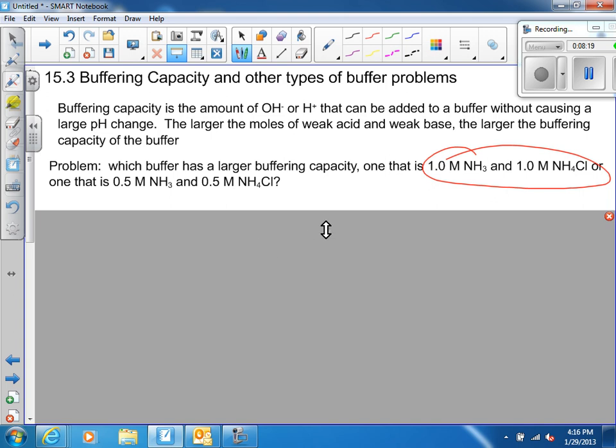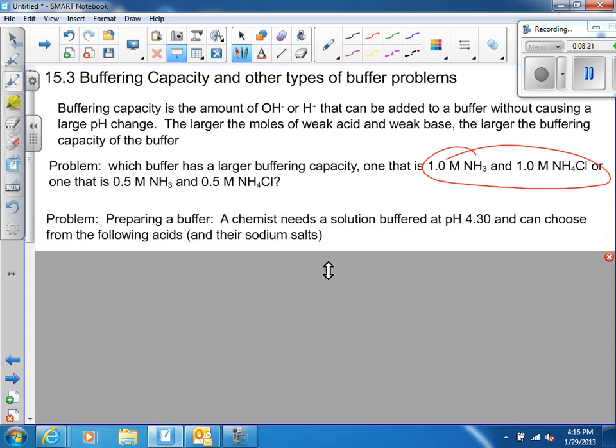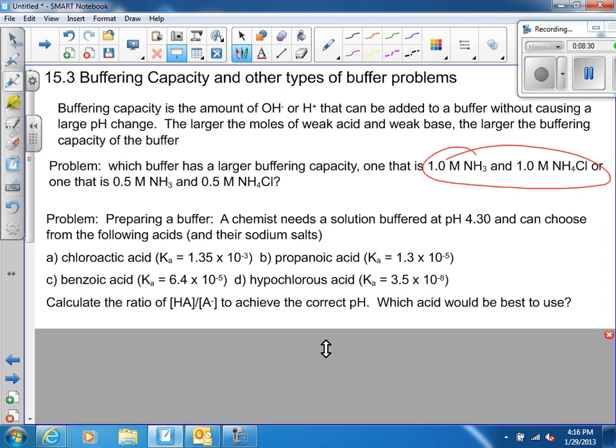Okay, moving on. New problem. How to prepare a buffer. A chemist needs a solution buffered at pH 4.3 and can choose from the following acids and their sodium salts.